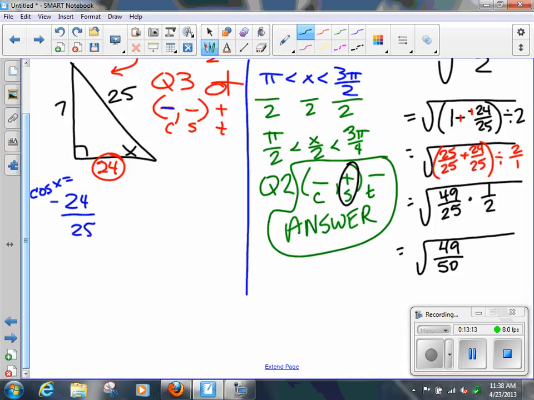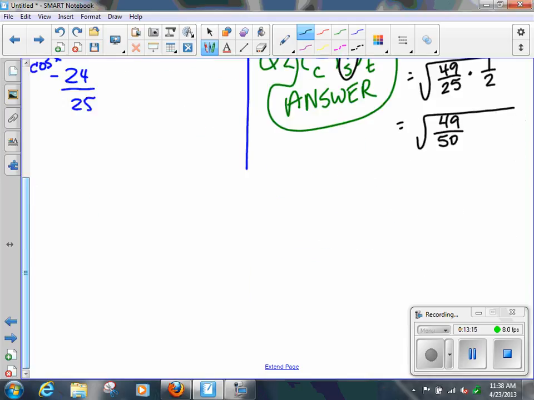All right, so square root of 49. Hello, that's a perfect square. And then 50. The highest perfect square that goes into 50 is 25, right? So I've got to continue simplifying, 5 root 2. Now, this is where some of us get thrown because we're rationalizing. I don't have to multiply that whole fraction by 5 root 2, just root 2, because that's what I'm trying to get rid of.